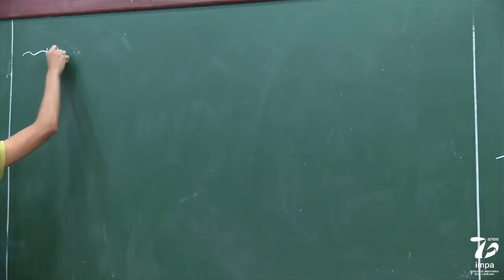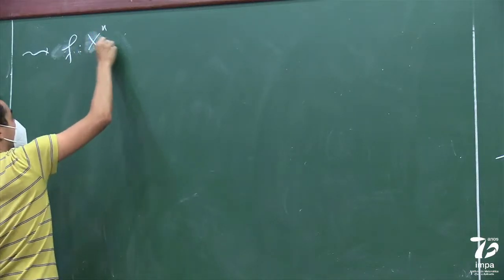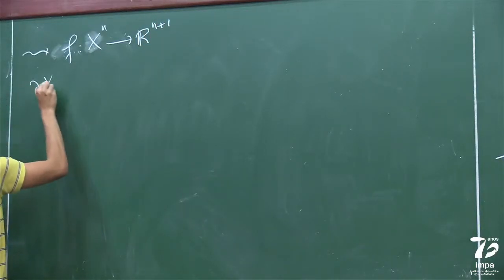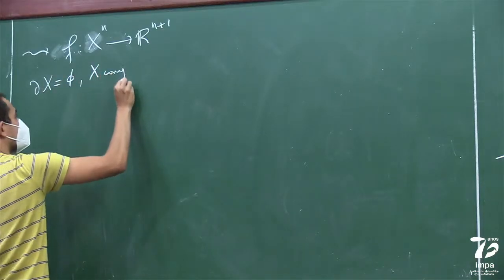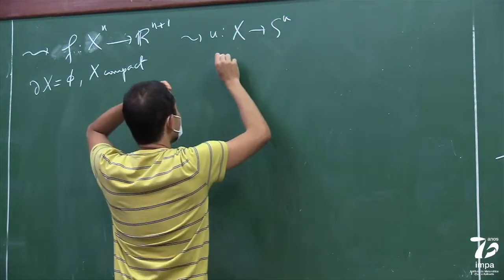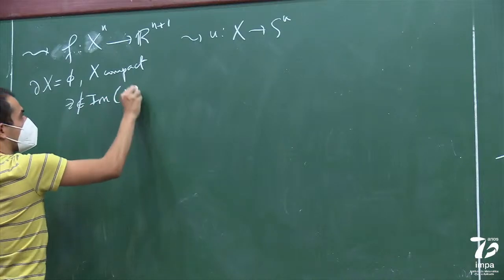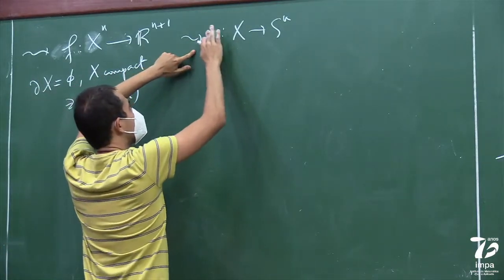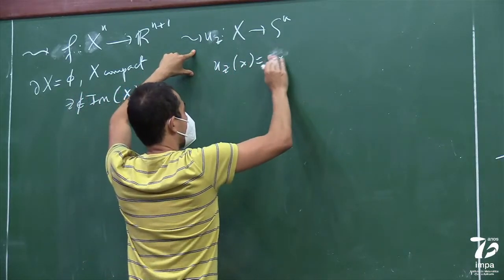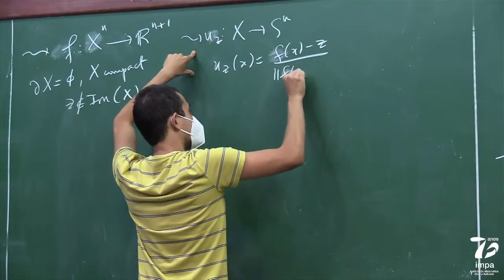From the degree, we can construct, so if now f is a function from X, dimension n, into R^(n+1), and X has no boundary and is compact, then we define that function u that goes from X to S^n, and we take a point z, which is not in the image of X. Then we have this map, u_z, which sends x to (f(x) minus z) over the norm of (f(x) minus z).